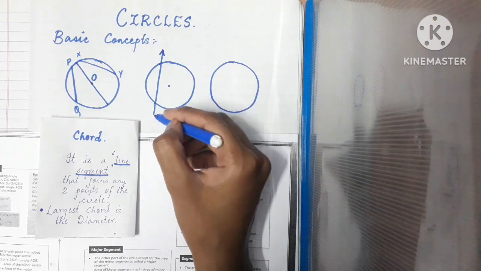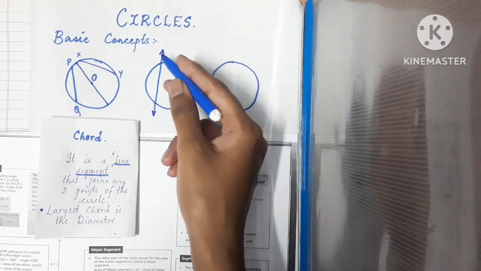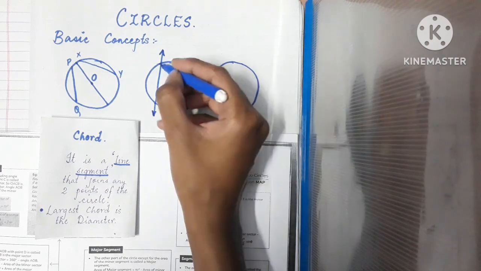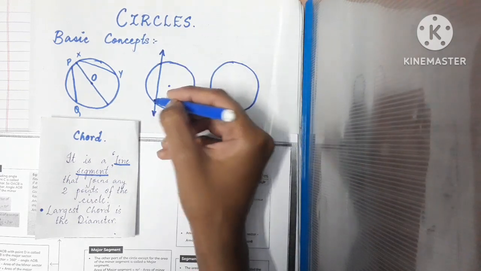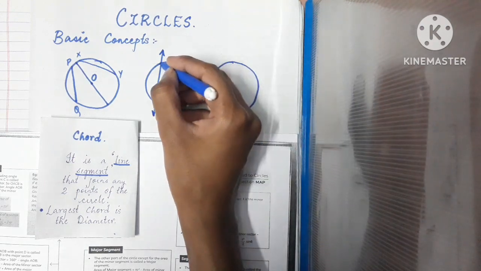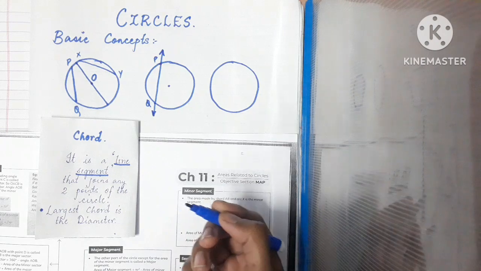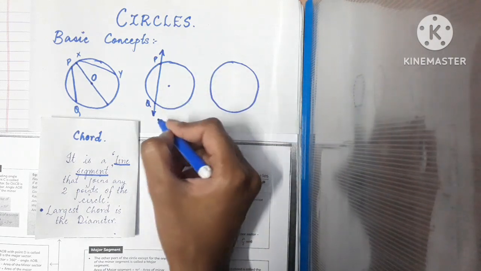So, a secant is a line. We denote a line by this symbol, and this line must cut the circle at 2 points, P and Q. So, this is a secant.